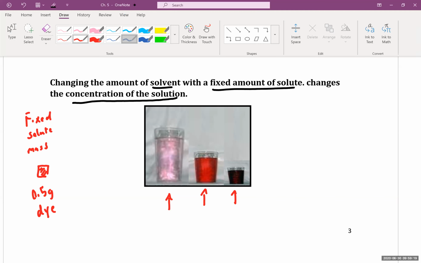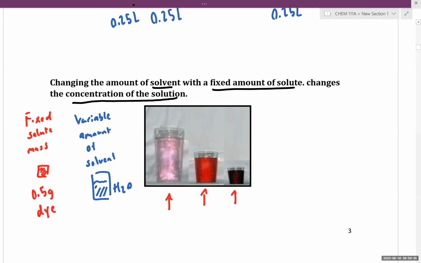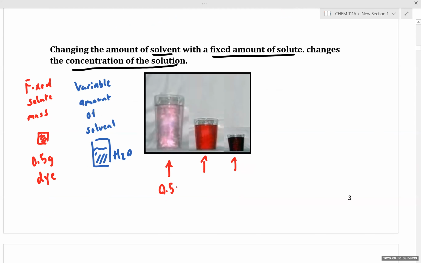And what we're going to do is have a variable amount of solvent. We're going to use a varying volume of water. So to each of these samples, we have 0.5 grams of dye.